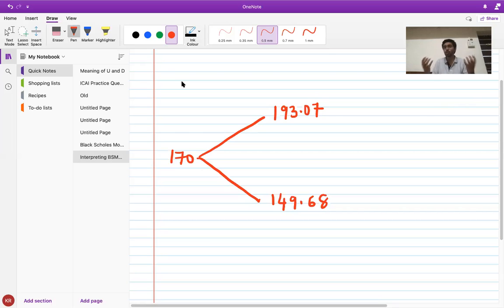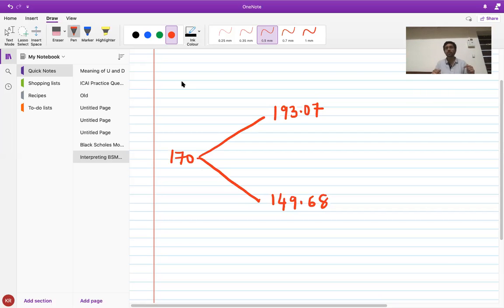When two portfolios have the same payoff in future, they're supposed to have the same price today, which means the call option and the replicating portfolio must have the same price today.